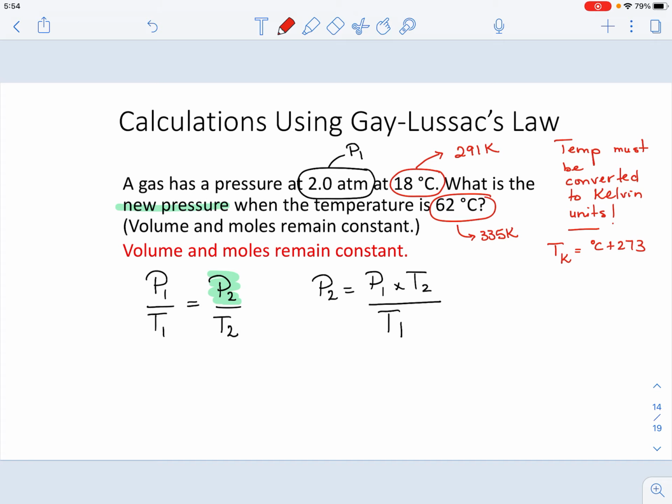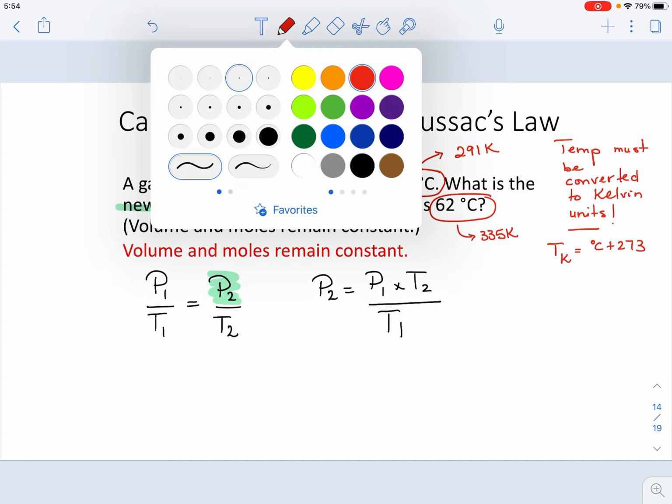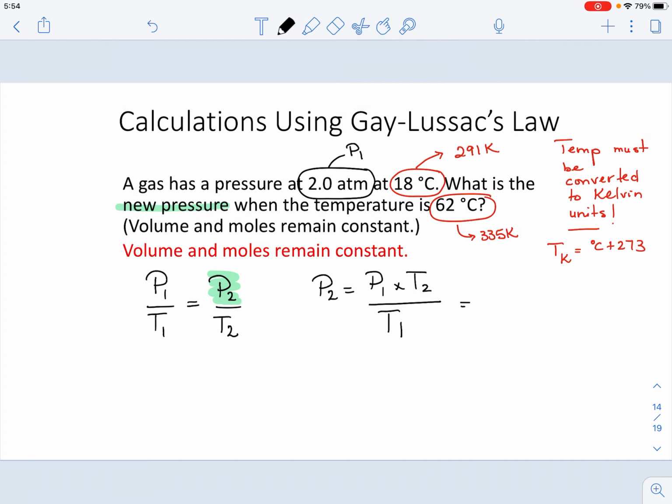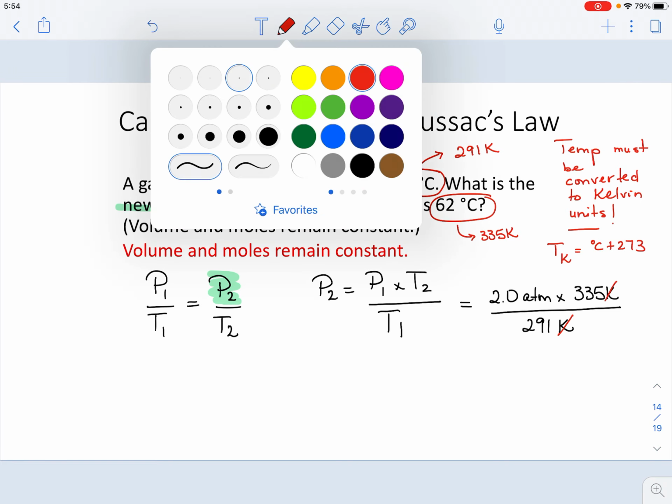So when we do this, now we are ready to put in the values into the equation. Okay, so P1, 2.0 atm. We're going to multiply this by T2, which is 335 Kelvin. And we're going to divide the whole thing by 291 Kelvin. Kelvin units cancel.